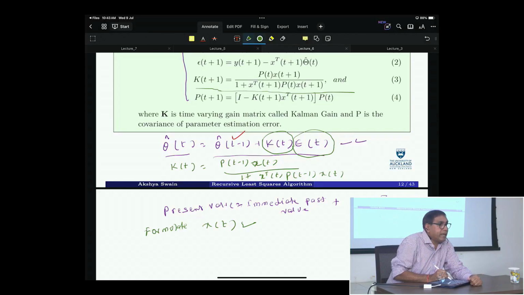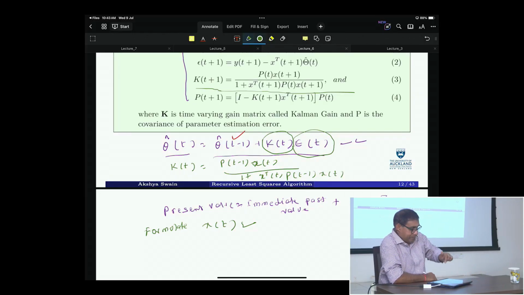To compute kt, you require pt minus 1. P is a covariance matrix, I'm coming to that point. This expression cannot be computed without knowing pt minus 1. See this expression: kt is equal to pt minus 1 xt divided by 1 plus x transpose t pt minus 1 xt. xt you can formulate.